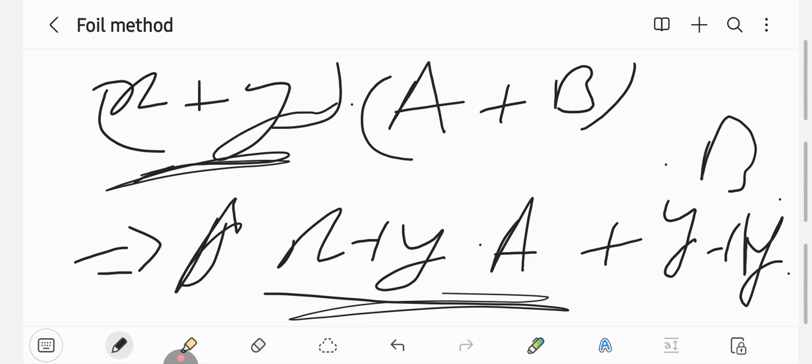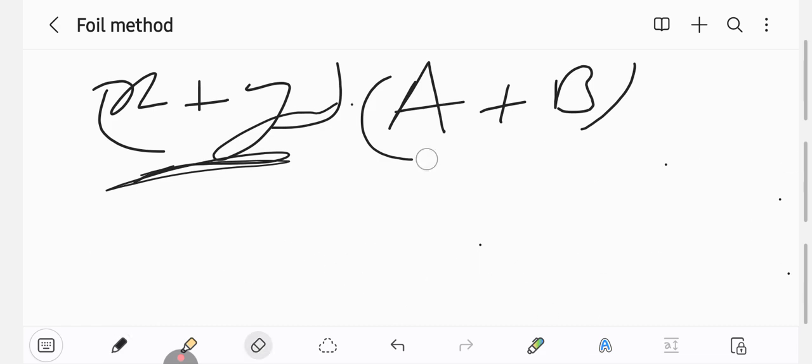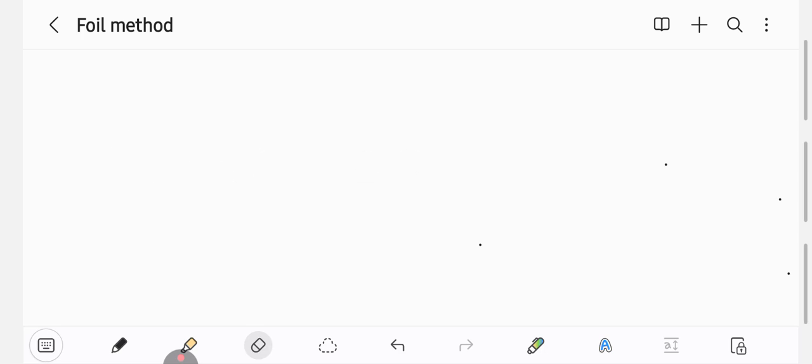So you have to change the structure a little bit, although it doesn't change the value. Now we transform x plus y times a into a times x plus y.